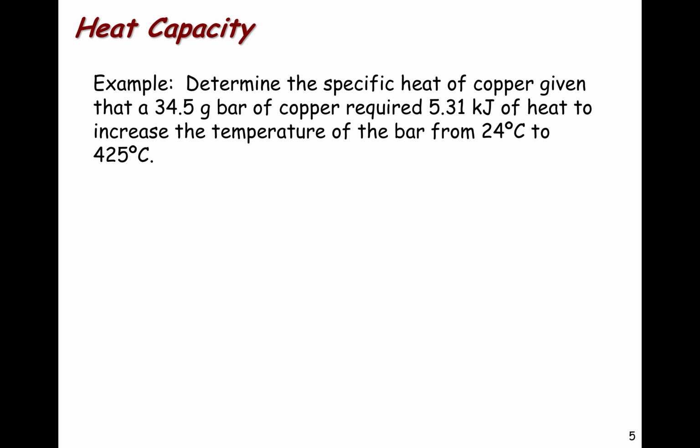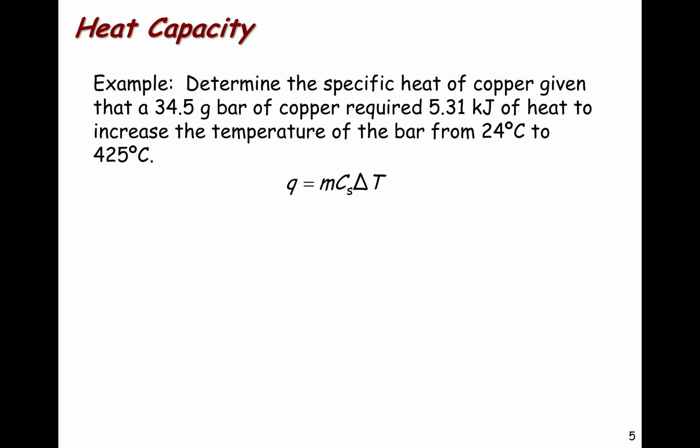As a final example, we have a question where we need to determine the specific heat of copper, given that 34.5 grams of a bar of copper requires 5.31 kilojoules of heat to increase the temperature of the bar from 24 degrees Celsius to 425 degrees Celsius.